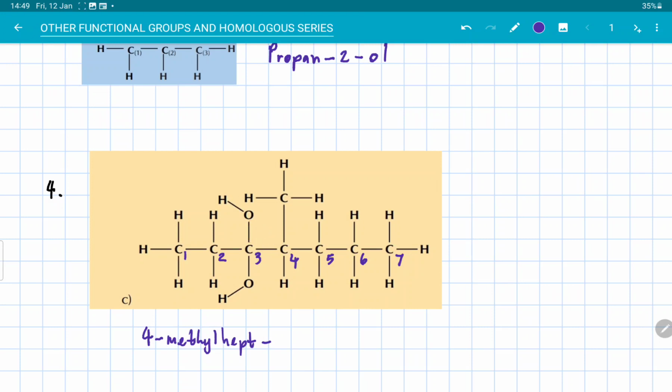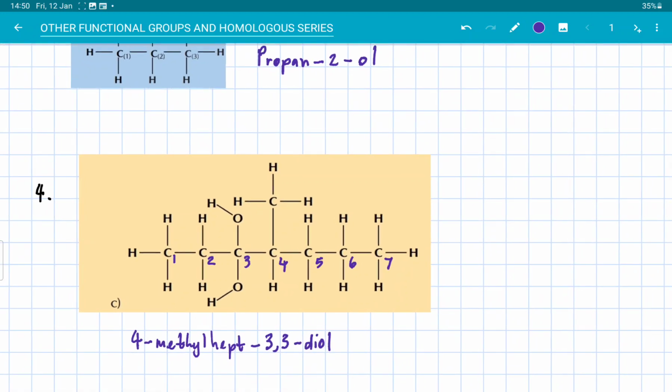Remember, if a functional group appears twice, you have to treat it as substituents and mention the position twice. So we say 3,3-diol. So it is 4-methylhept-3,3-diol.